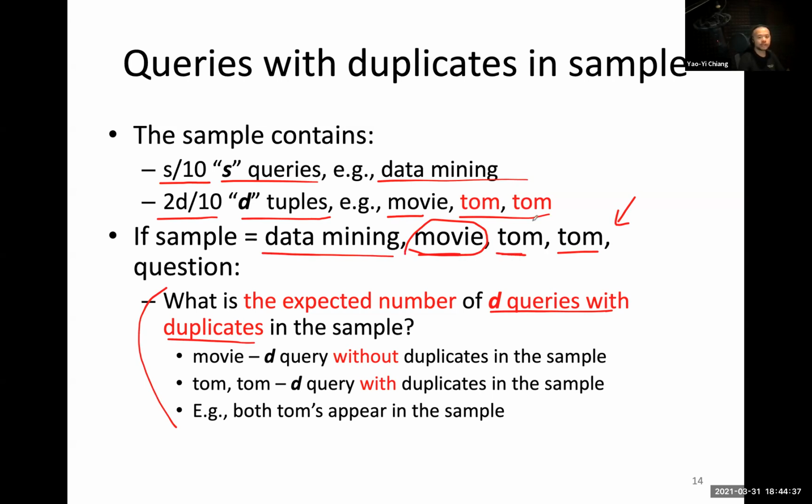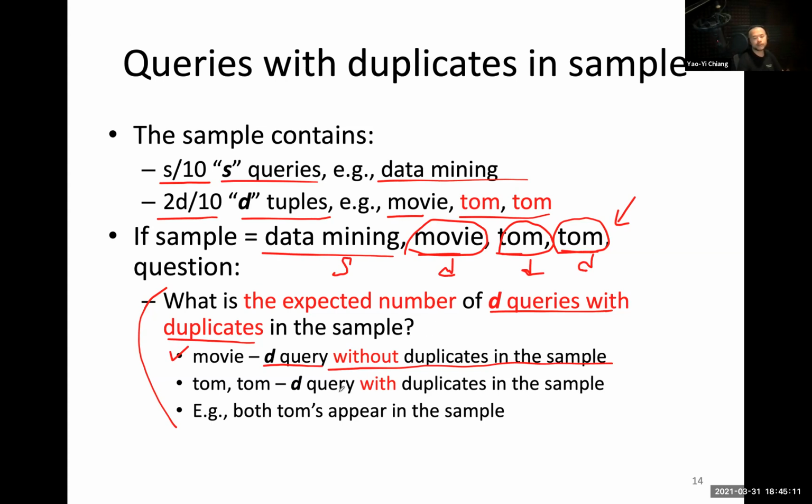Your Tom is a D query because it has a duplicate in the original data stream. You also have another Tom, so you have three scenarios: S, D, and D. Movie is a D query in your original data, but it does not have a duplicate in the sample, because you are sampling each data point with a 1/10 chance of choosing it.